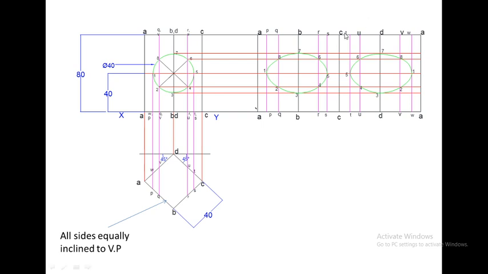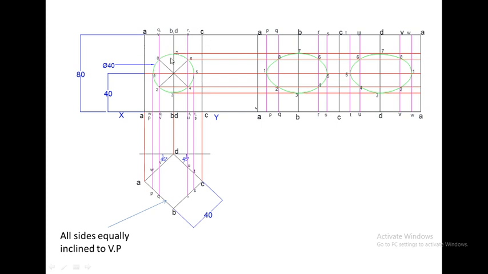Now the vertical edge C and C is not cut by the circular hole, so this edge should be dark. Similarly for edge D, this portion will be removed due to the circular hole. So only the top portion, that is D to 7, will be dark and the bottom portion D to 3 will be dark. In the front view, this outer boundary, that is the rectangle, should be dark.